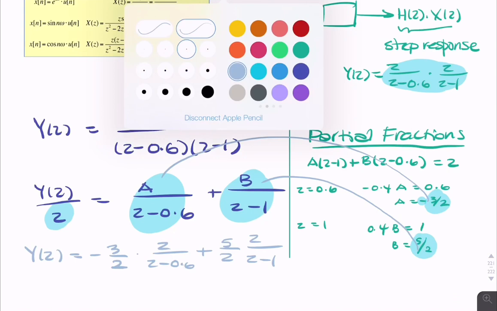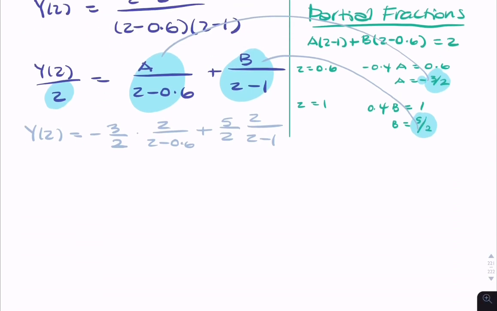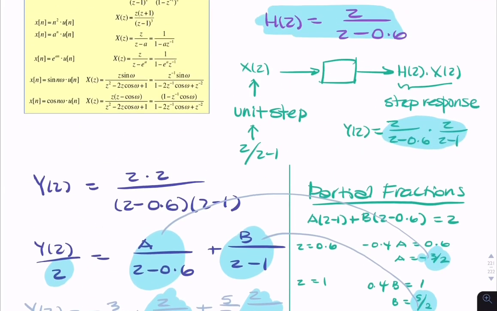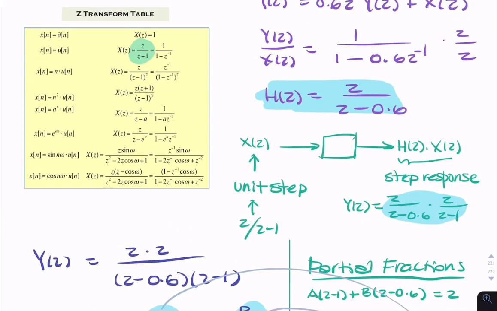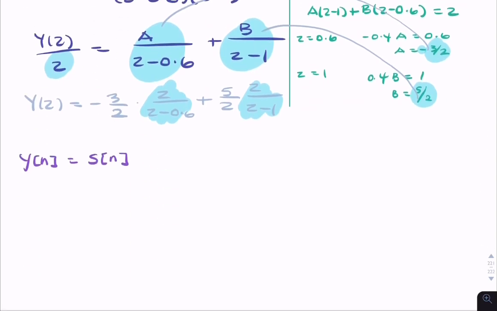Next step is to find y(n), the step response we're trying to find. So we need the inverse z transforms of these terms. From the table, z over z minus a gives you a to the power n, and z over z minus 1 gives you u of n, the unit step.